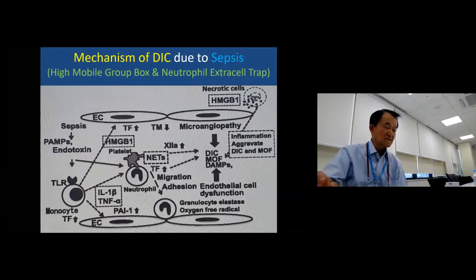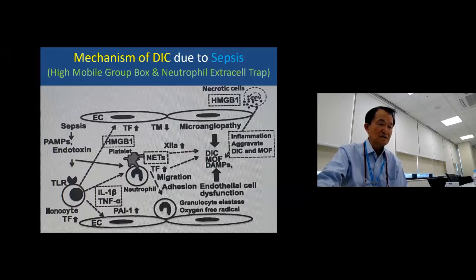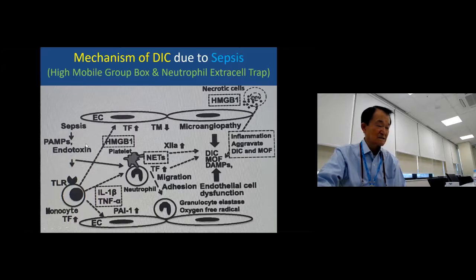intravascular thrombosis, as you see here, with many factors influencing. HMGB1 makes a significant contribution and causes necrosis. But among other factors, sepsis generates endotoxin and makes all this blood clot together.